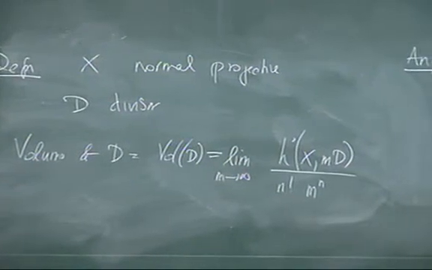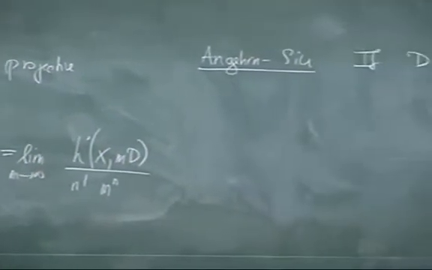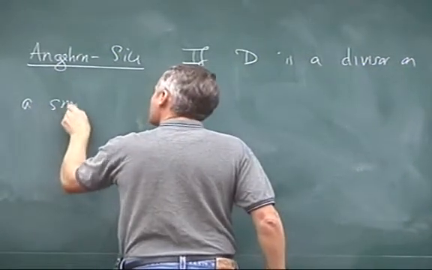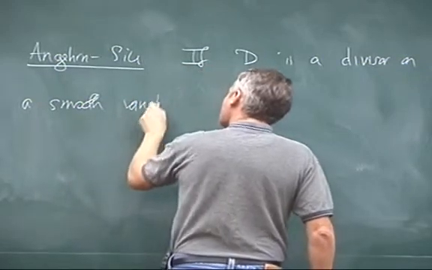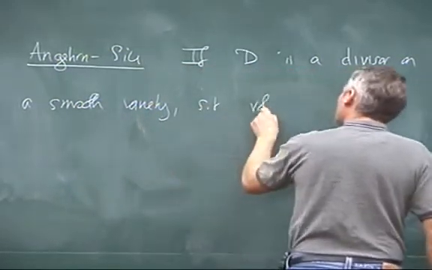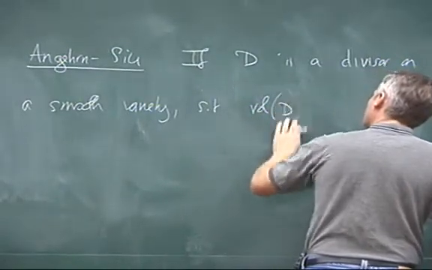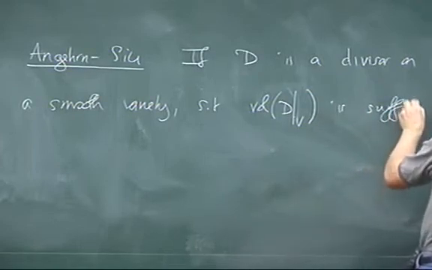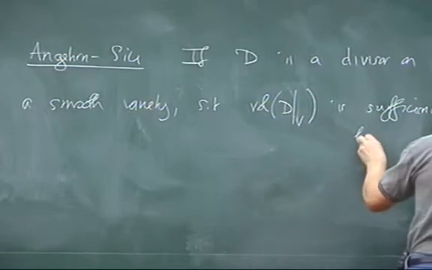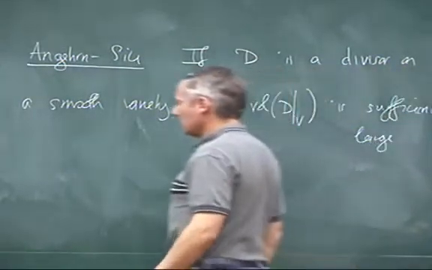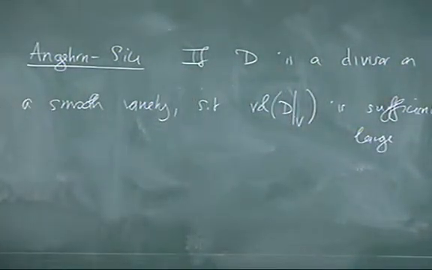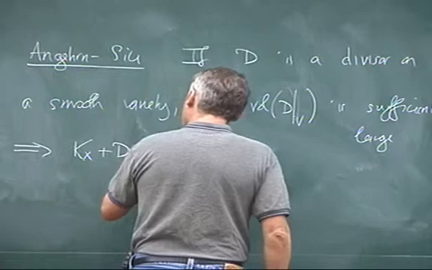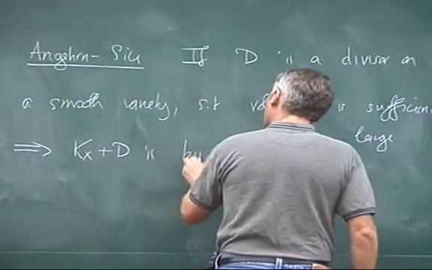They proved if D is a divisor on a smooth variety such that the volume of D restricted to every subvariety is sufficiently large, and they gave explicit constants to say exactly what sufficiently large means, though they're not particularly nice constants, then that implies that Kx plus D is birational. I mean, defines a birational map.